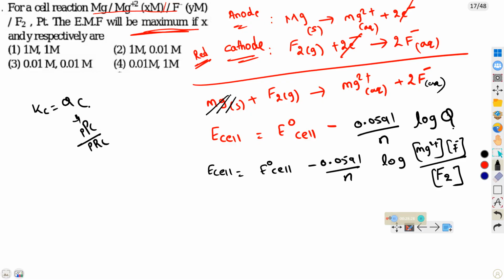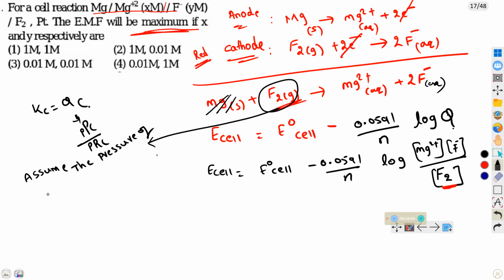Now simplify. Here F2 is a gas, so assume the pressure of F2 gas is constant, that is 1 atmosphere.